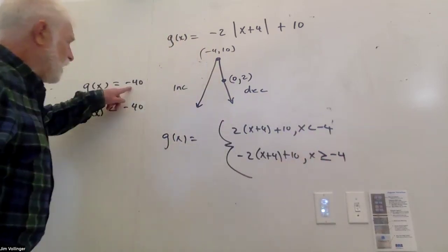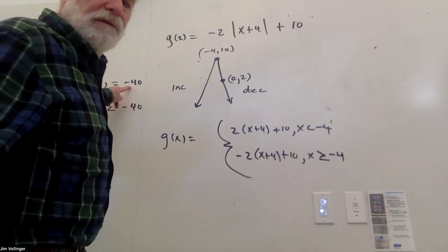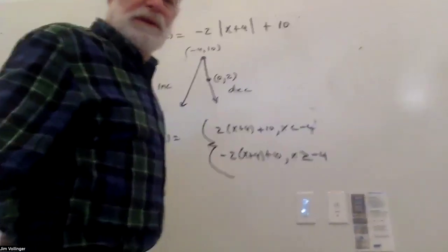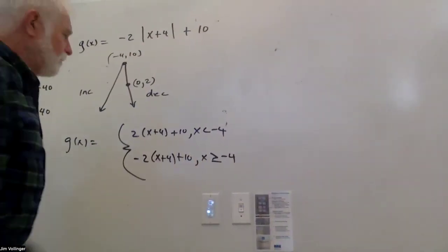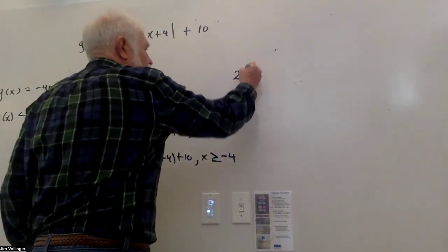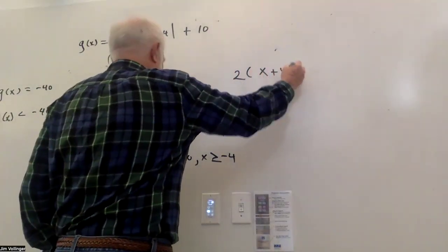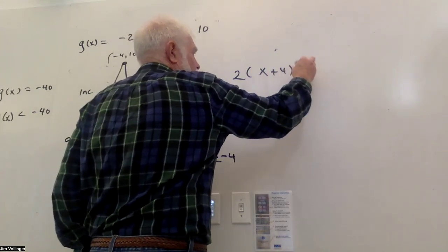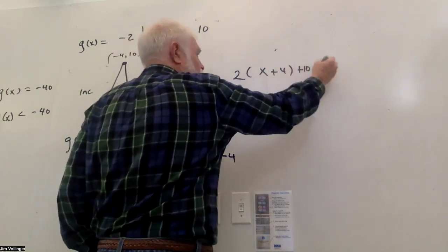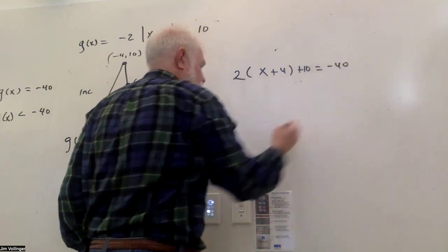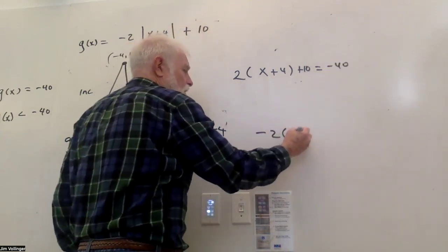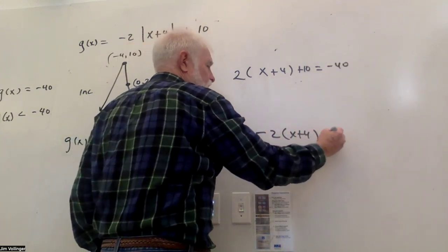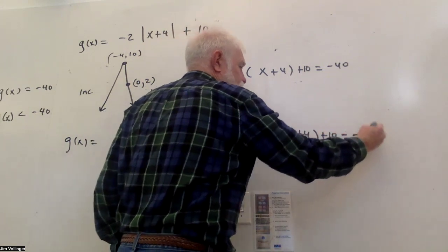Now we're going to find out -40. When does this function equal -40? So we'll use the pieces. And the pieces are 2 times x plus 4 plus 10 equals -40, and then -2 times x plus 4 plus 10 equals -40.